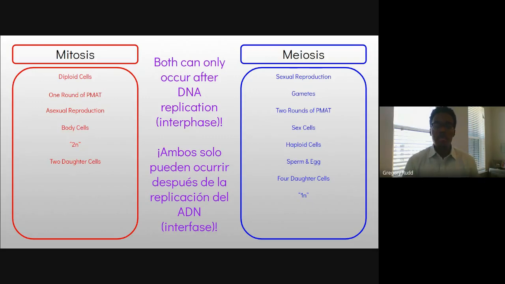That's so important to keep in mind, guys, because some of the questions might try to trip you up and say, which one of these is more likely to happen if the DNA is never replicated? Mitosis, meiosis, or neither? That's not an exact question from the exam, but you must know that DNA replication has to occur before either one of these M phase processes.